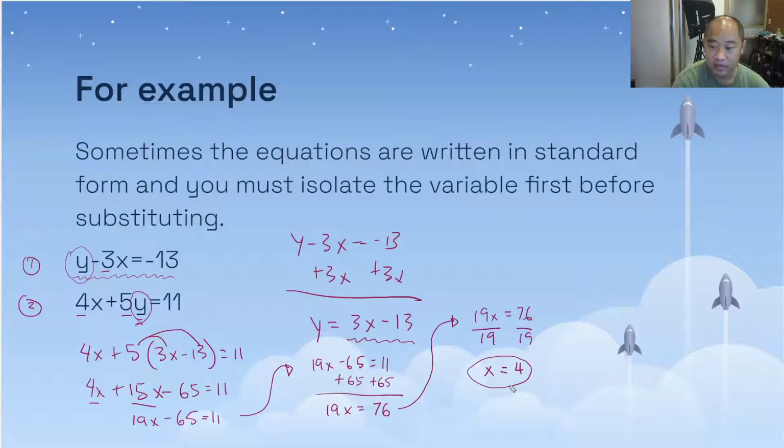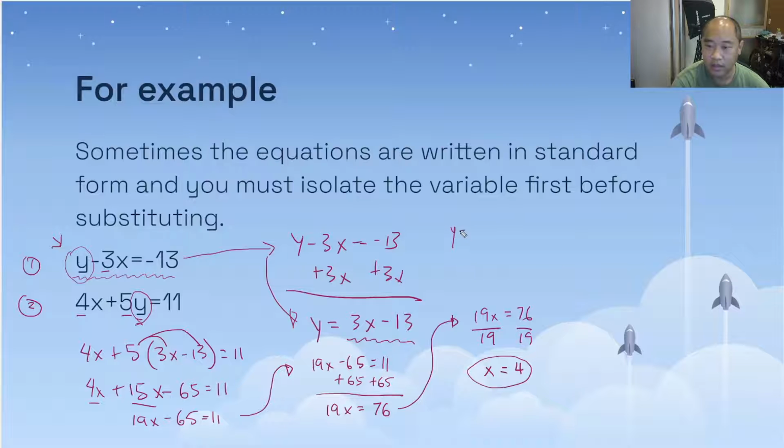Now we can take this and substitute it back into either of these equations. I'm going to use this one again because the y doesn't have a coefficient. It's a little bit easier for me. So we've already changed this one into this, right? So we can use this one as well.